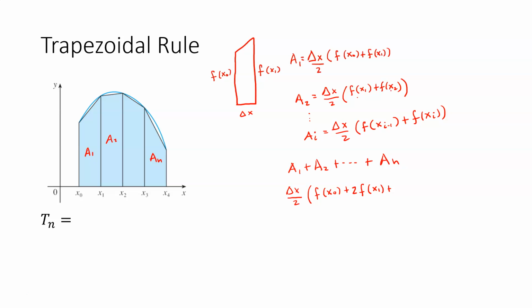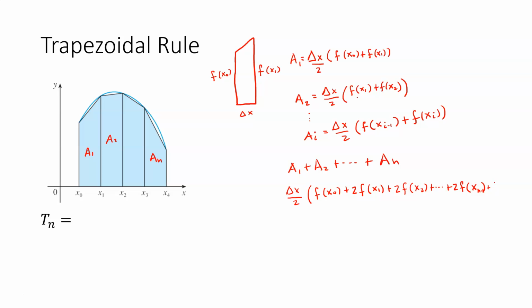There's going to be f of x2 twice as well, because f of x2 will be in A2 and also in A3, and so on. So all the ones in the middle here are going to have a coefficient of 2 in front, all the way out to the nth one here. So here n minus 1.